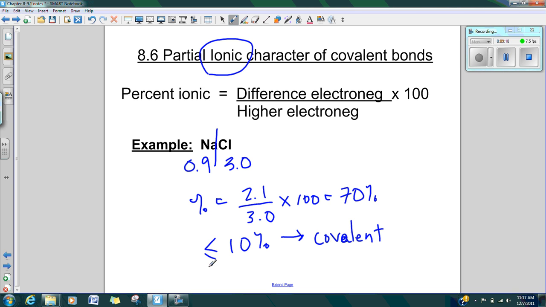If it's greater than 50%, then they talk about that as being highly ionic in character. Obviously, it looks like there's a little bit of a gray area here, which of course there is. And those would take into account the polyatomic ions, the ones that have more than just a single cation with an anion. Okay, so we can do most of the questions now that I have assigned.